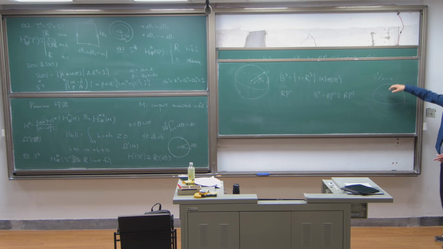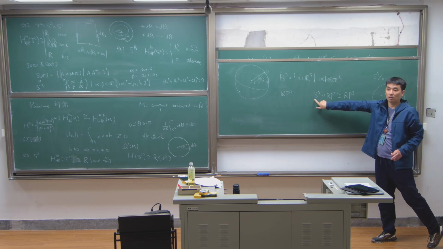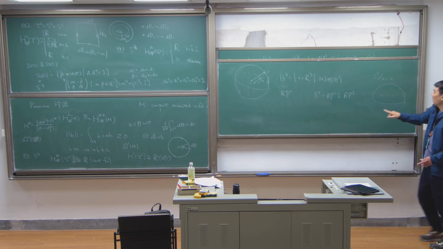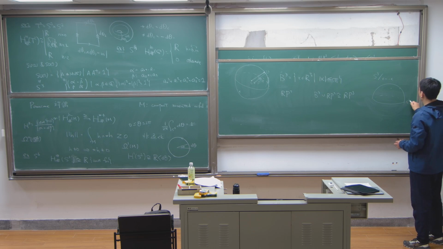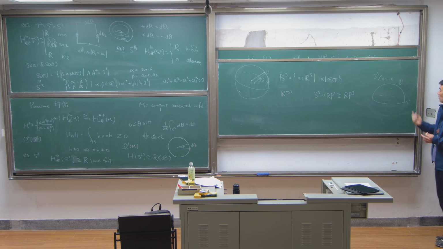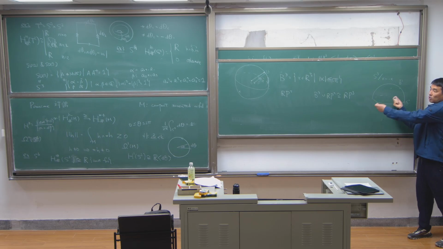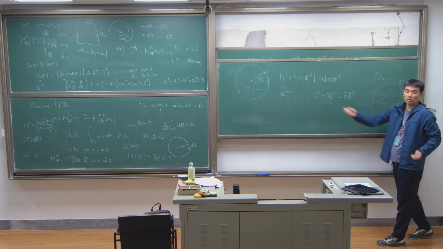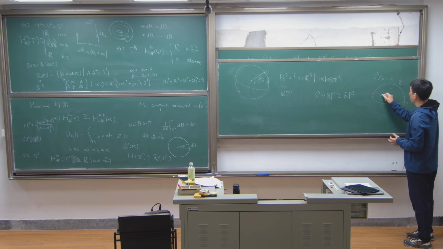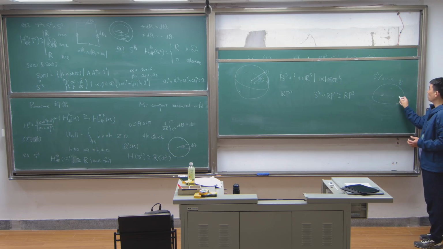The northern hemisphere corresponds to this B3, and at the equator you have a two-dimensional sphere S2, where you identify opposite points. That will give you RP2. So this point is identified with this point, and so on.